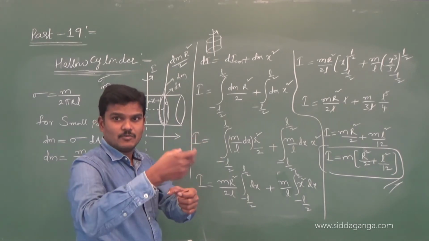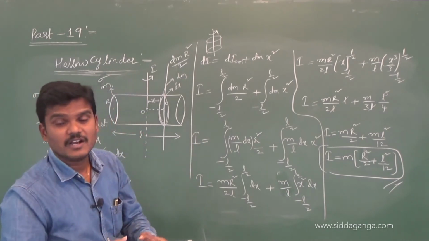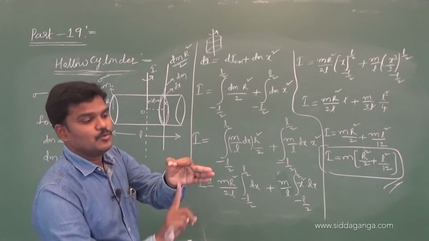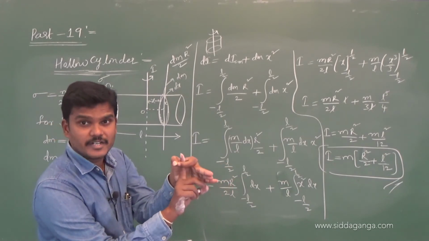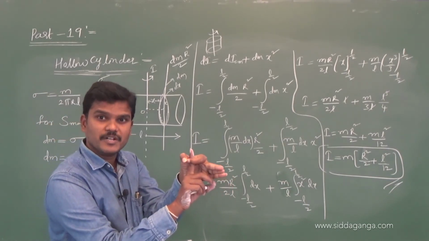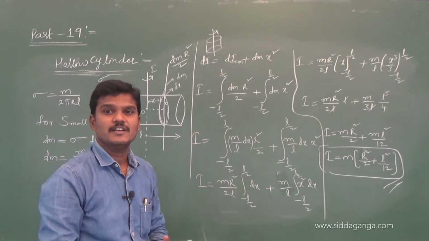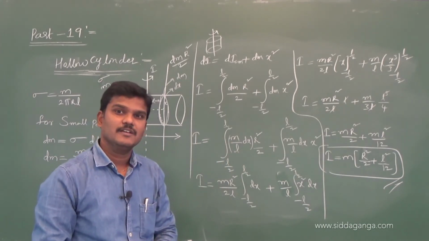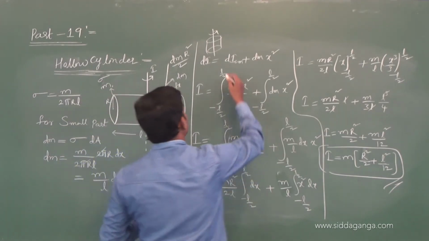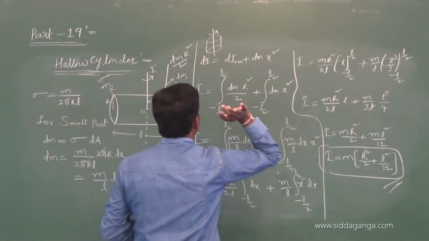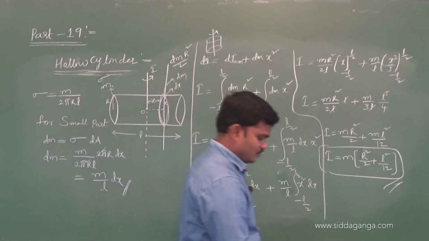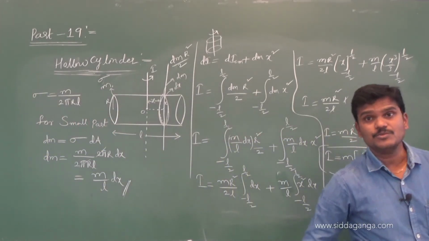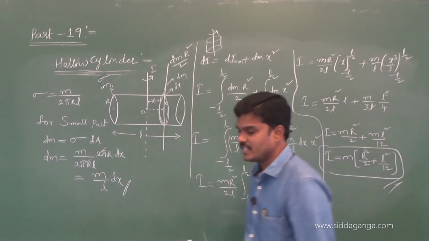If you place one ring over the other, that looks like a hollow cylinder. Now, this axis is like an axis passing through the center of a circular ring, perpendicular to the plane. What is the formula for a circular ring perpendicular to the plane? m r square. For this also the same. About its own axis, keep in mind, I is equal to m r square. So, first you take this one.